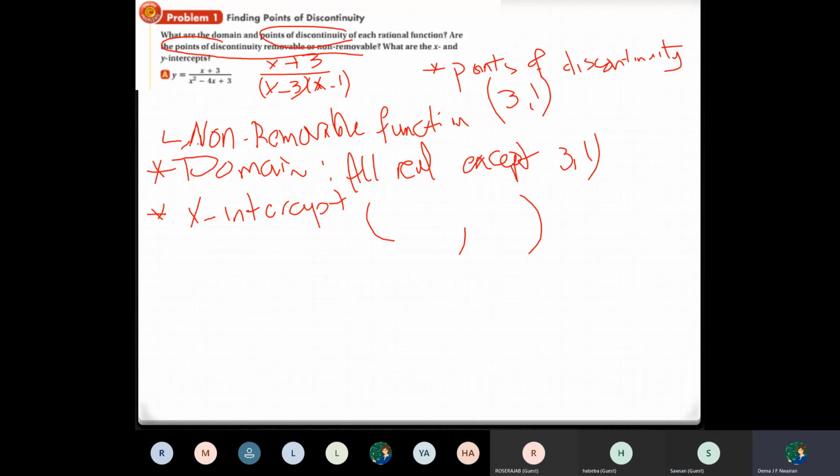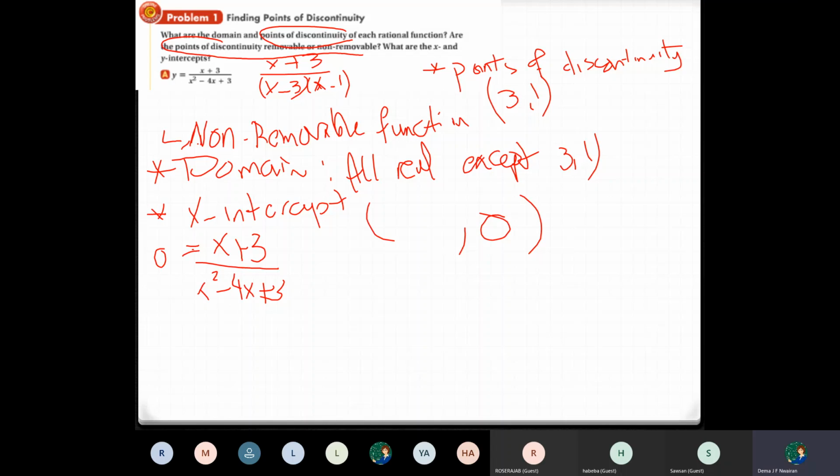Okay, Habiba, look here now. X-intercept means that y is 0. When y is 0, I put 0 instead of y, then it will be x plus 3 over x squared minus 4x plus 3.